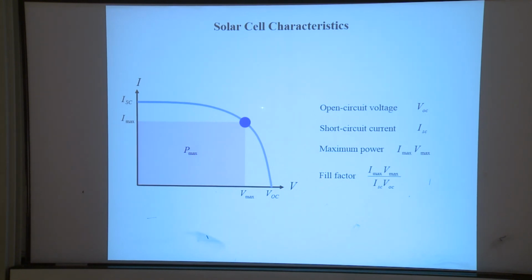So what is the power output of the solar cell? The power output is the multiplication of current and voltage for that point, right?